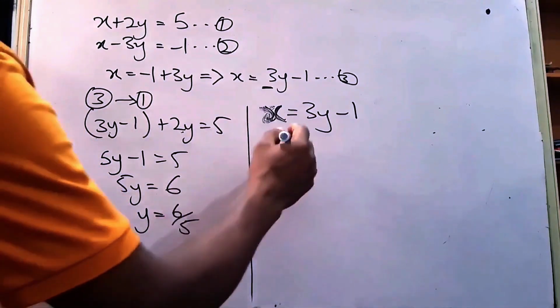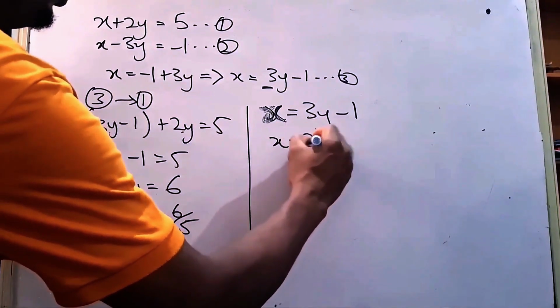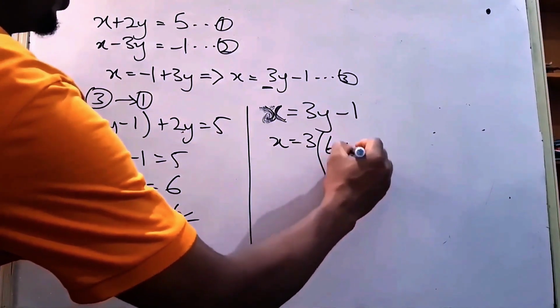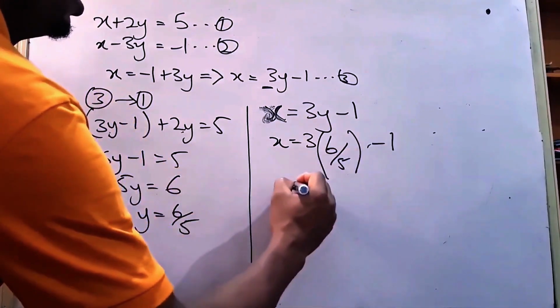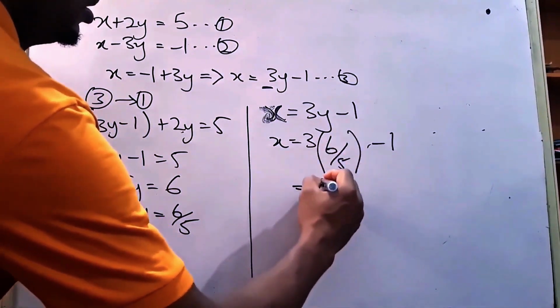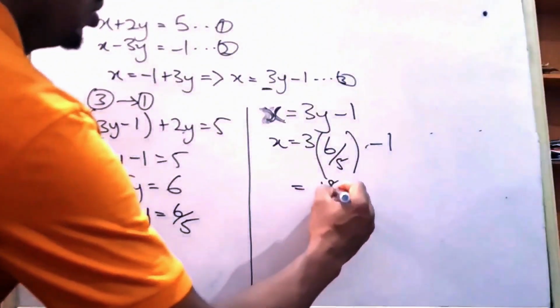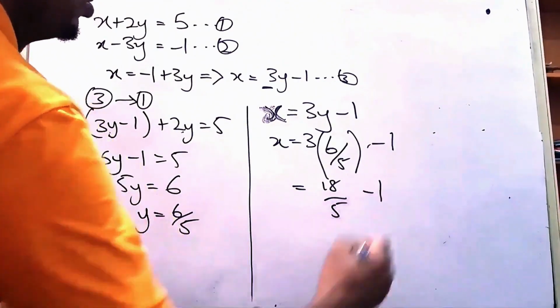So we know what y is. It means that x is equal to 3 into 6 over 5 minus 1. This implies that this is 18 over 5 minus 1.